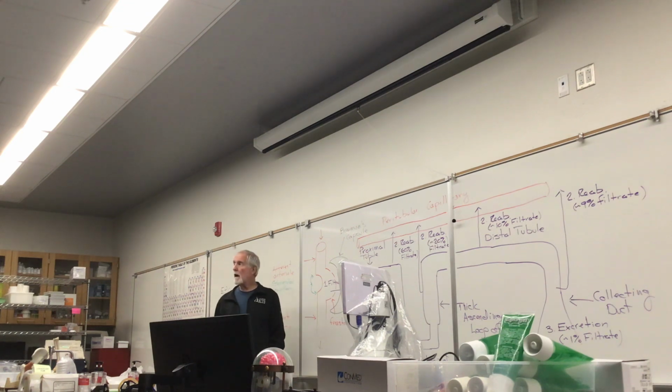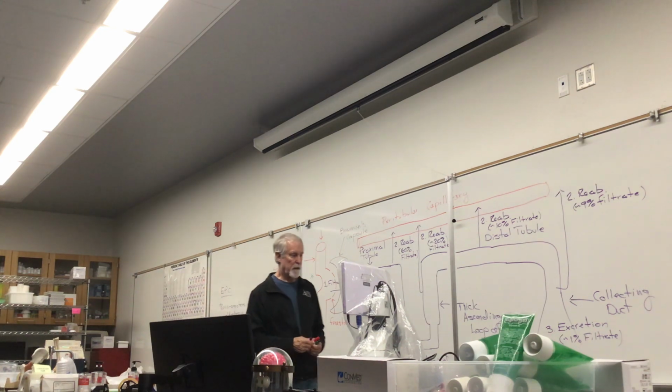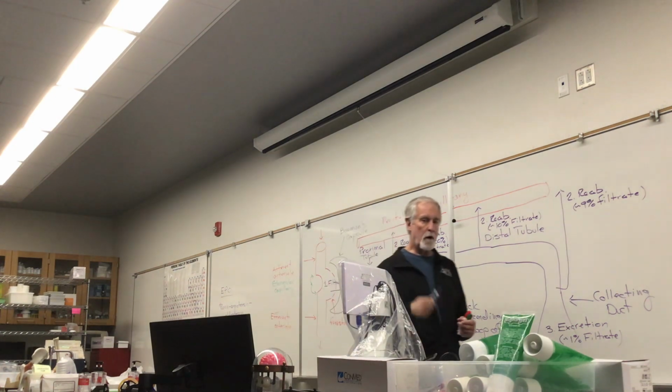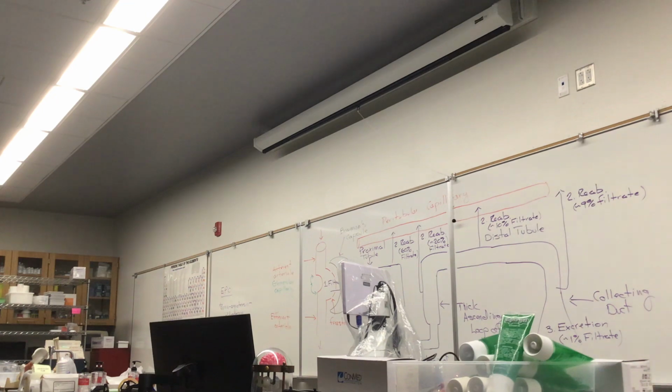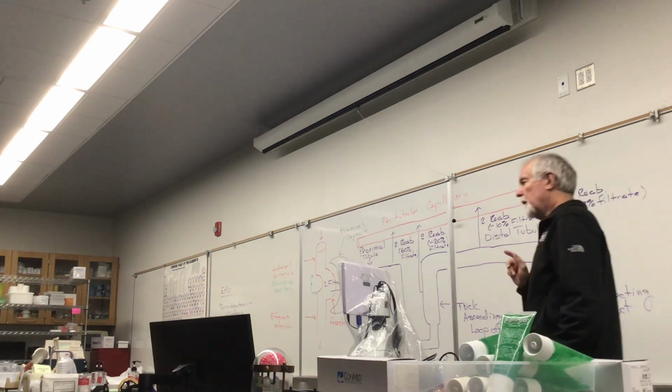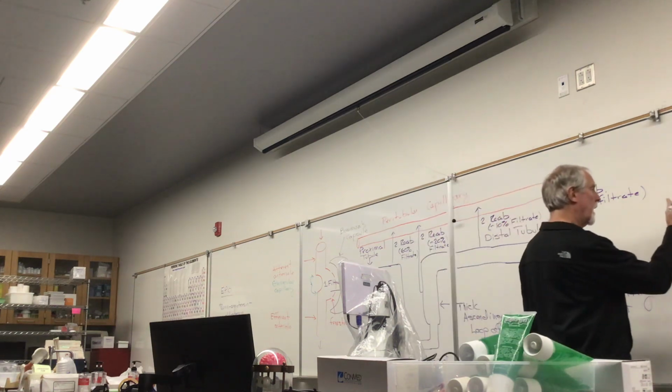Okay, now, there's 4 functions that the nephrons perform. We're going to focus on the 3 that you see up here. Secretion is the 4th one. We're not going to really talk about that.